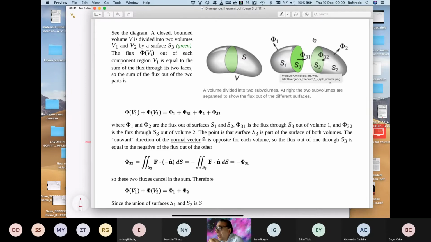Why? Because changing the value of a surface integrand on a curve does not change the integral value, because the area of a curve is 0. So the reasonings which we are presenting are valid also in the case of piecewise regular surfaces.